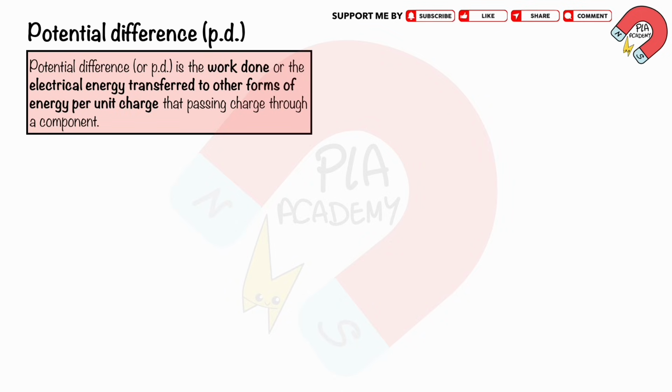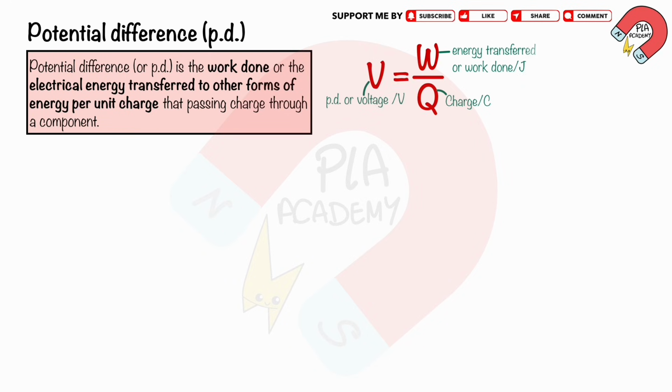We can write the formula of potential difference as V equals W divided by Q, where V is the potential difference or voltage in volts, W is the energy transferred or work done in joules, and Q is the charge in coulombs. 1 volt is equivalent to 1 joule per coulomb.